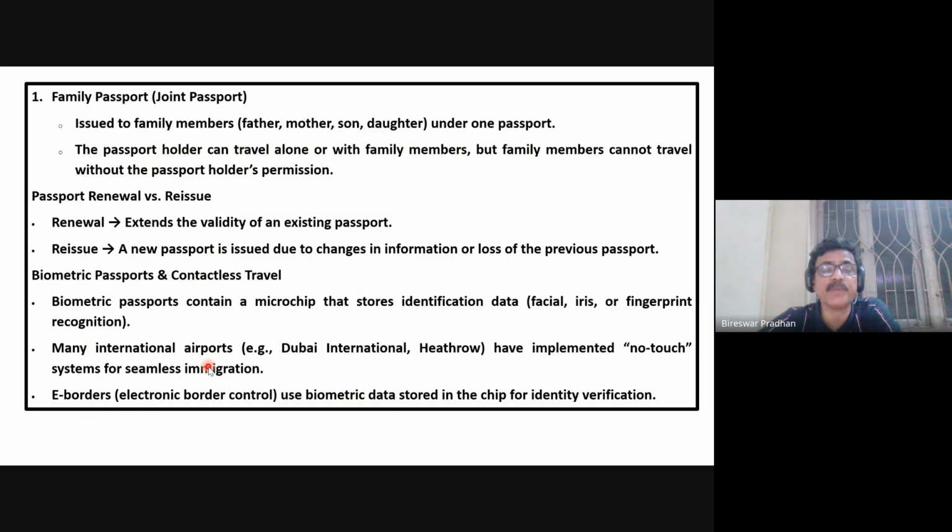Many international airports, like Dubai International, have implemented a no-touch system for seamless immigration. E-borders, electronic border control, use the biometric data stored in the chip for identity verification. These systems are now coming in the digital era.